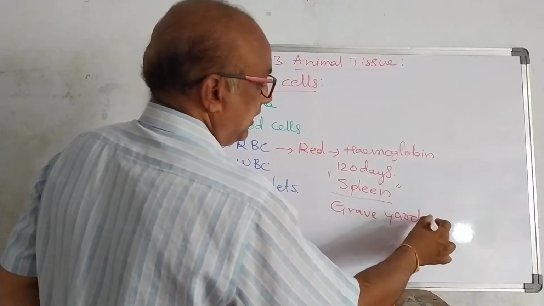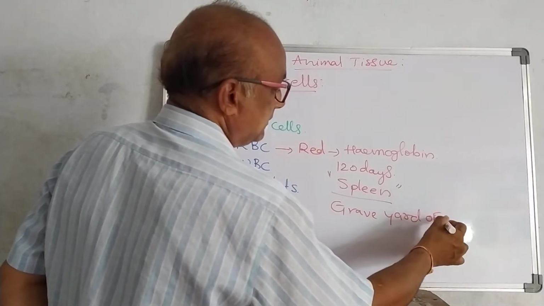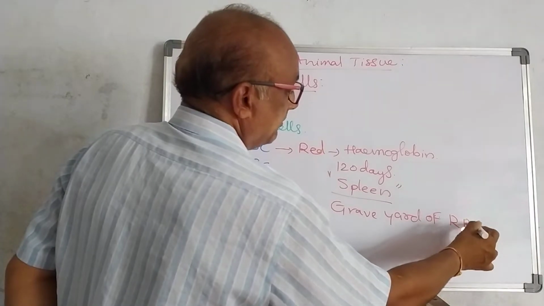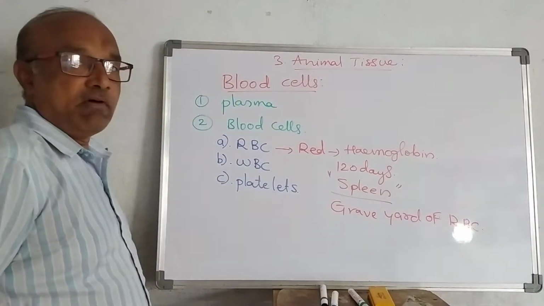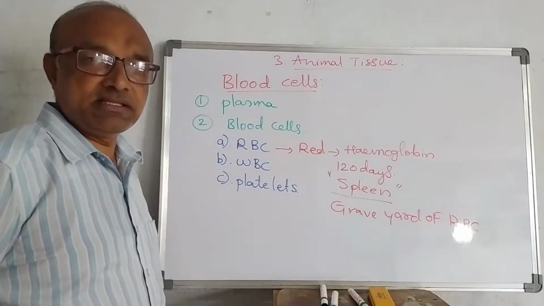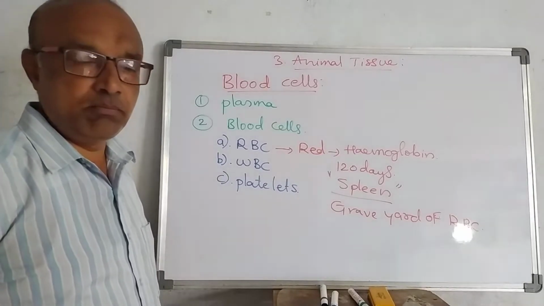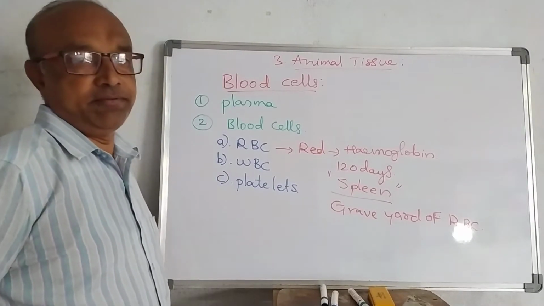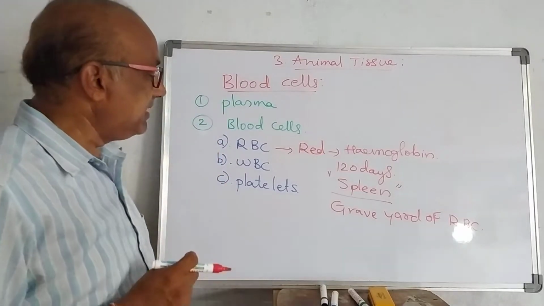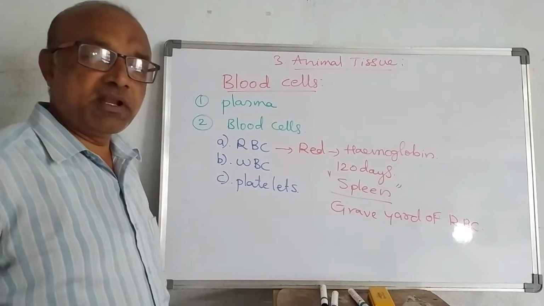Graveyard of RBC, because in the spleen the worn out RBC, whose lifespan is completed, are destroyed. These RBC are numerous in number.